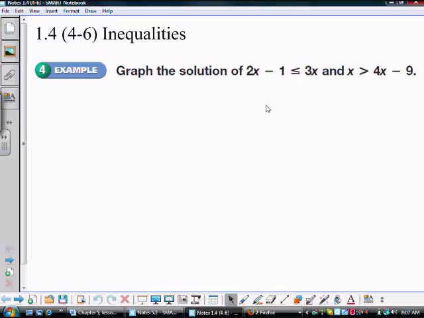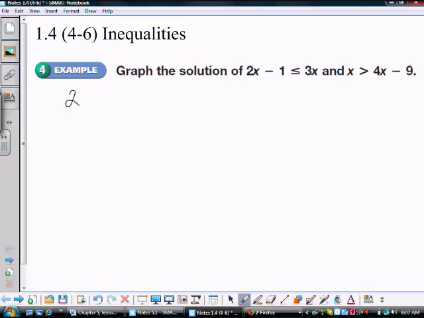We're going to graph the solution, which means we're going to have to solve first this compound inequality. It's compound because it has either and or. Here's how we'll do these compound inequalities.